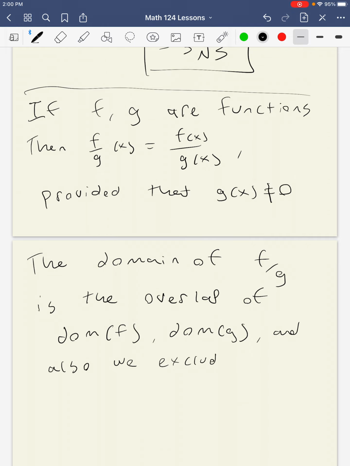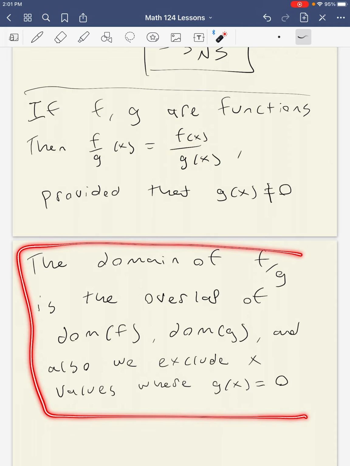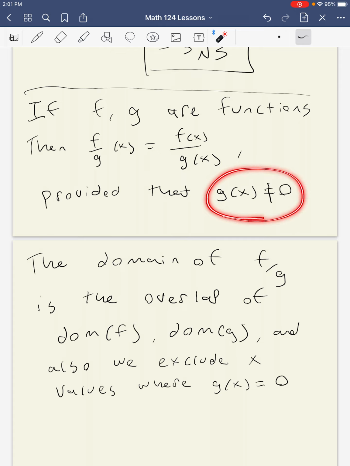So we exclude the x values where g of x would be 0. Right, because we cannot plug any x values in that would make the bottom 0. So we just have one extra condition when we use division.